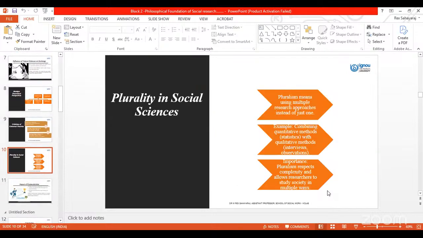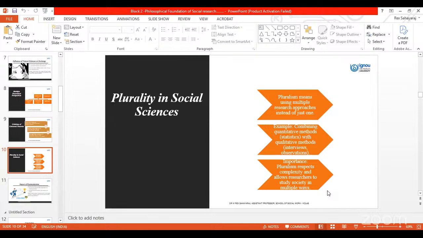And plurality in social science. When you talk about pluralism, it means using multiple research approaches instead of just one, combining quantitative and qualitative approaches, using statistics as well as interviews and observation.